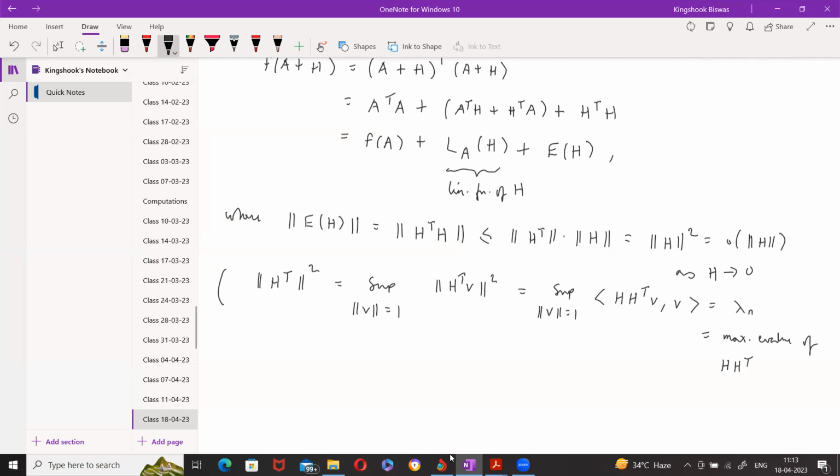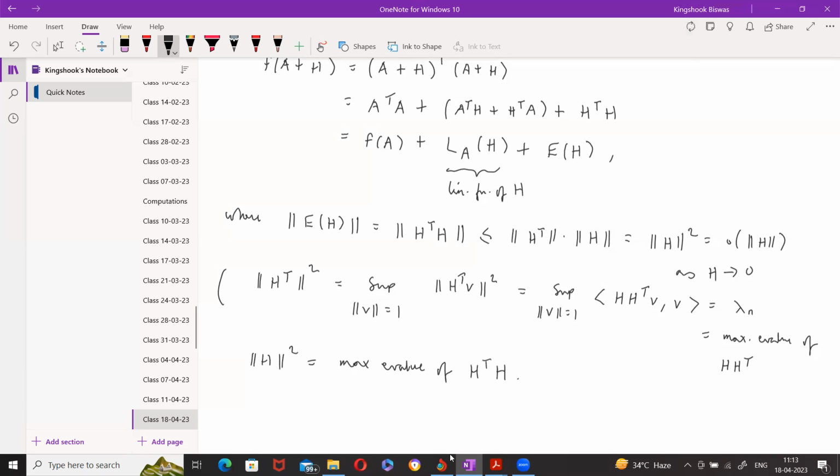Is this all right? Yeah. And norm H squared similarly is equal to the maximum eigenvalue of H transpose H. Is this all right?